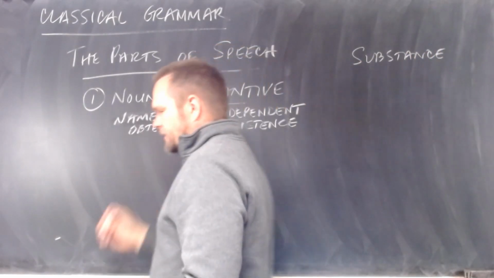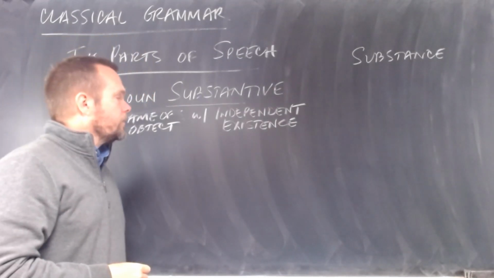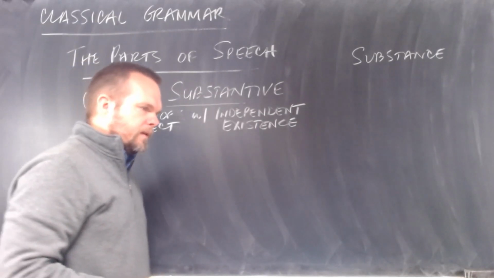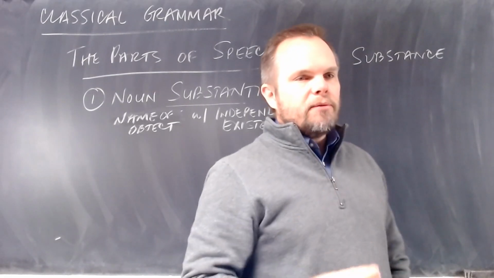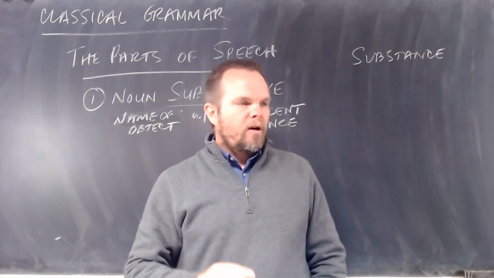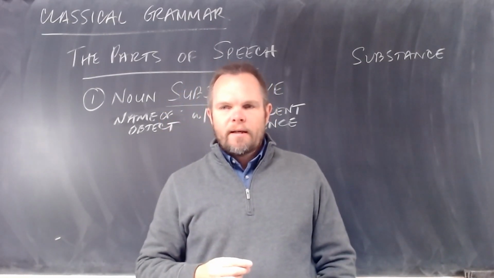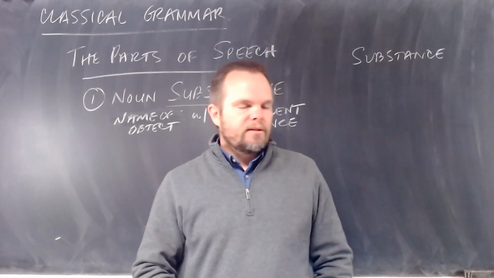And noun substantives are names of substances. That's what independent existence means. Independent existence means this idea, this object, whether it's an actual thing that exists outside of us, or whether it's simply something that exists as an idea in our mind, is able to exist by itself. That's a substance.